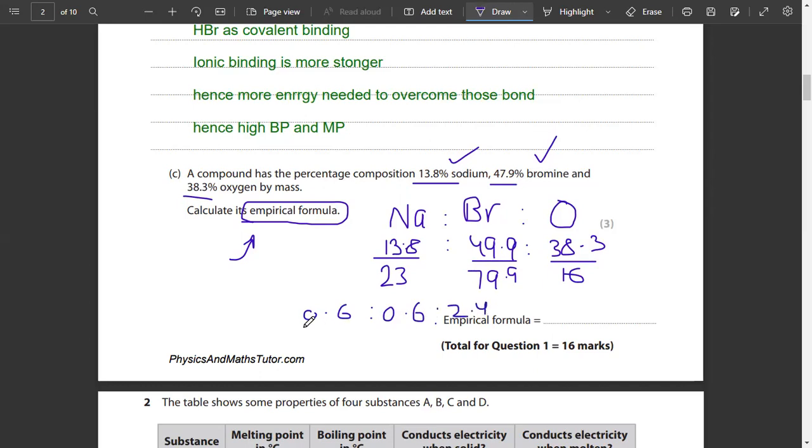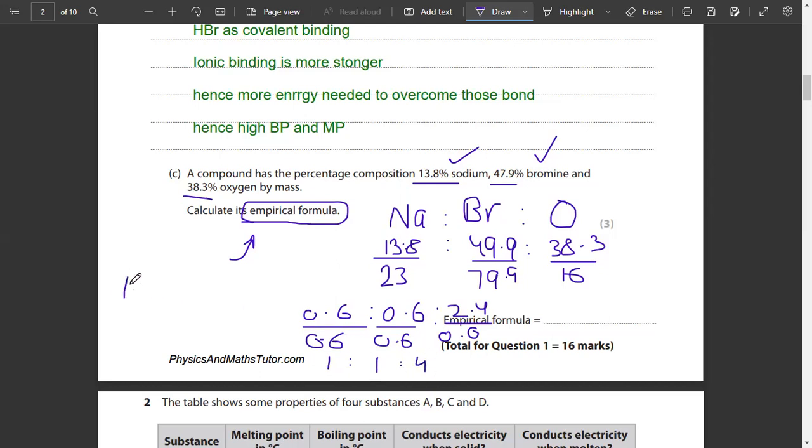Now you have to divide all of these answers by the smallest number, which here is 0.6. 0.6 divided by 0.6 is 1. 2.4 divided by 0.6 gives 4.